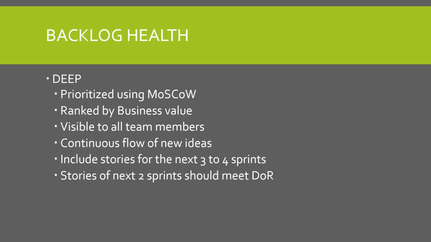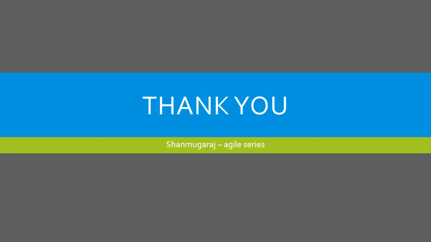Backlog health is one of the important metrics in designing your product agility, which is very much connected to your product backlog. So I hope you got a fair idea about how to build a product backlog and what the role of the product owner is, because the product owner is the key person in building it. He is the owner of the product backlog. The product backlog health directly helps product agility, and product agility directly helps your business agility.